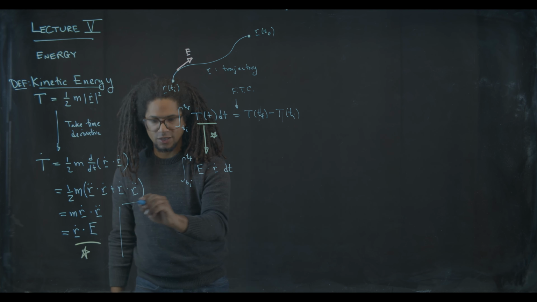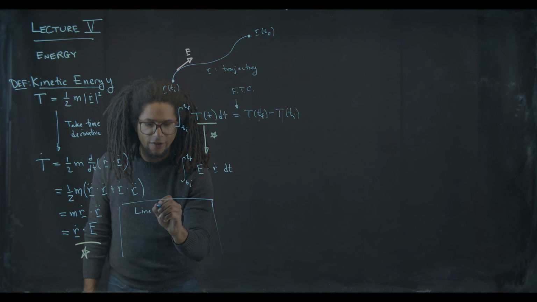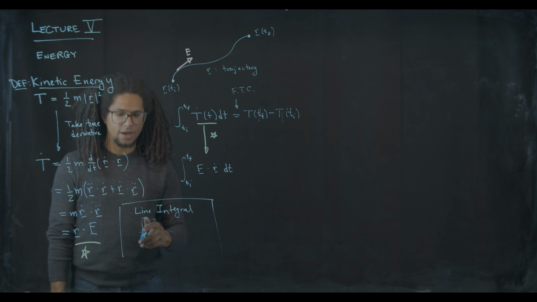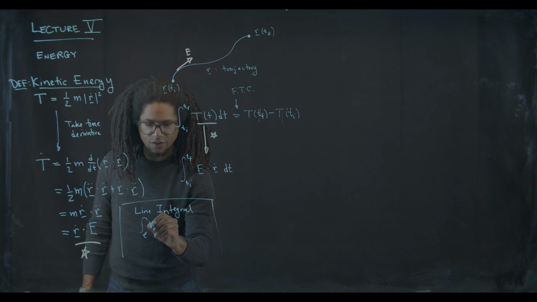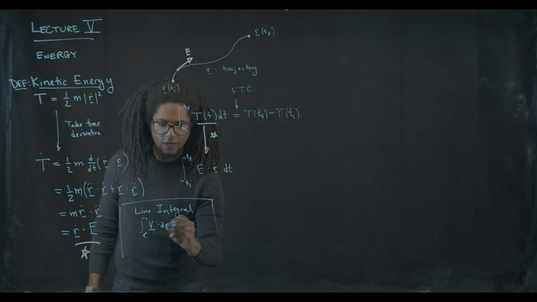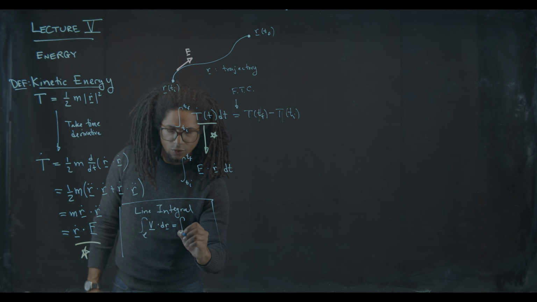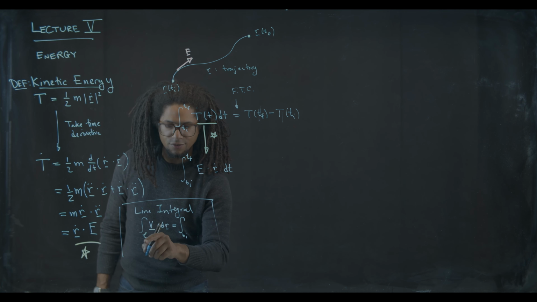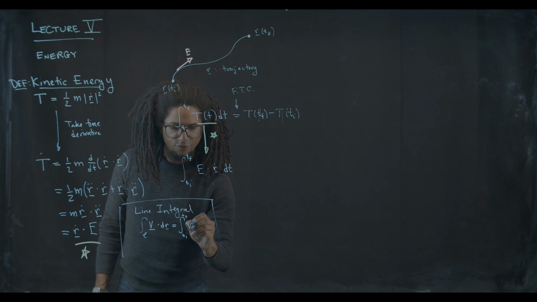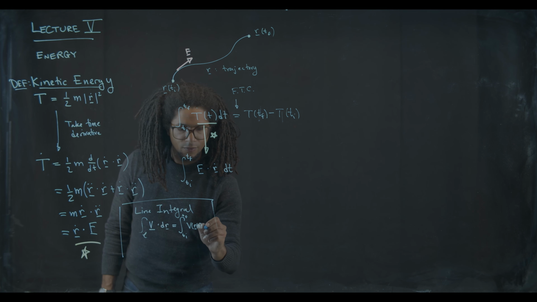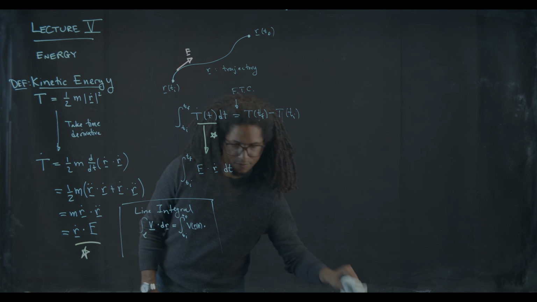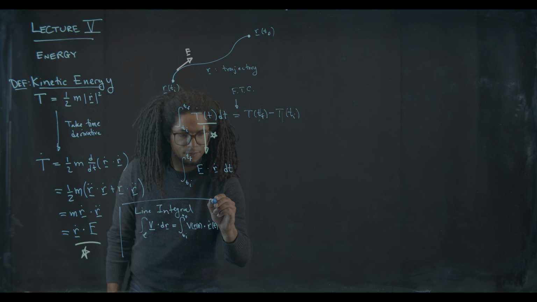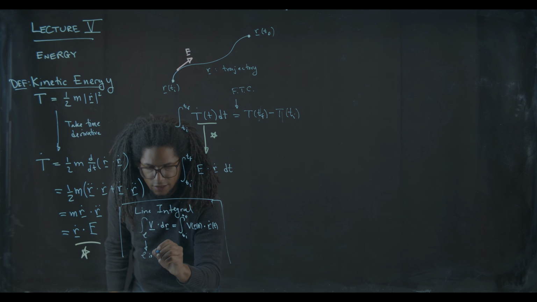If I want to take the line integral of a vector field, I would say that the line integral over the image of a curve C of a vector field V dot dr is equal to the integral from the beginning point of C in time, let me call that ti, to the end point of C in time, tf, of v of r of t dot r dot of t.